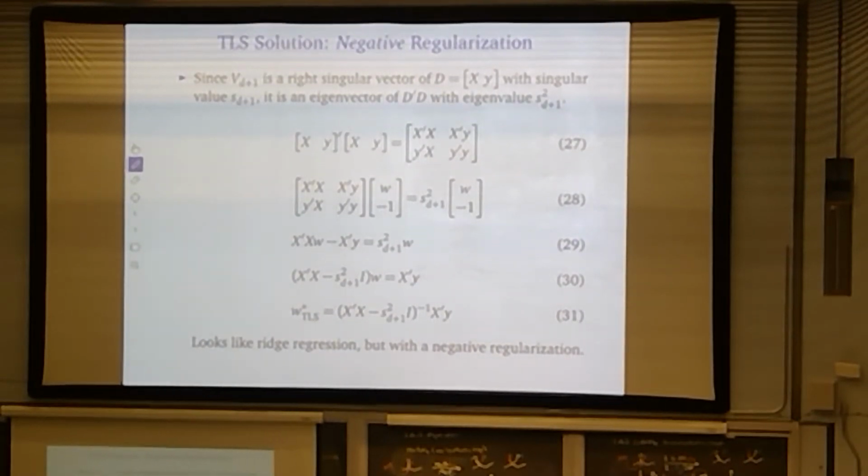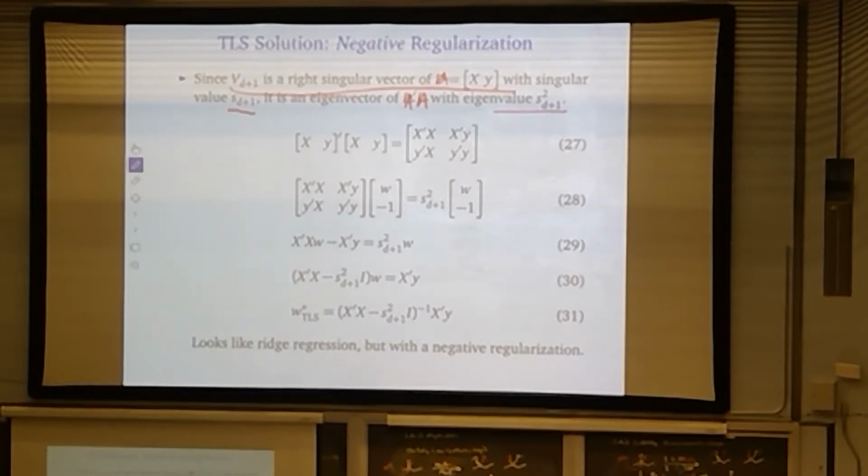So since this one is the right singular vector of this data matrix, and it corresponds to the singular value S_{D+1}, it is an eigenvector of A transpose A, this matrix, with eigenvalue S_{D+1} squared, right?